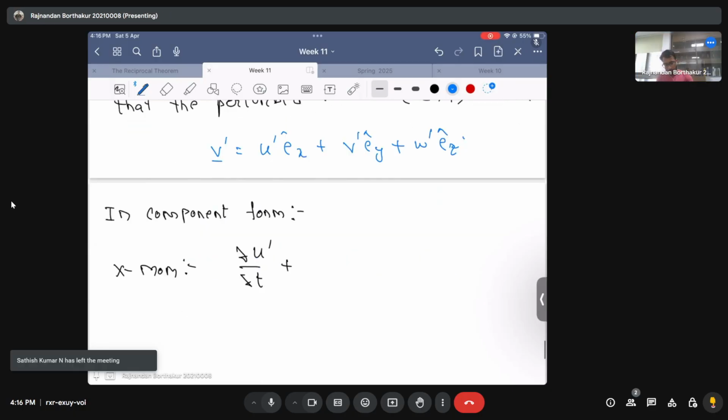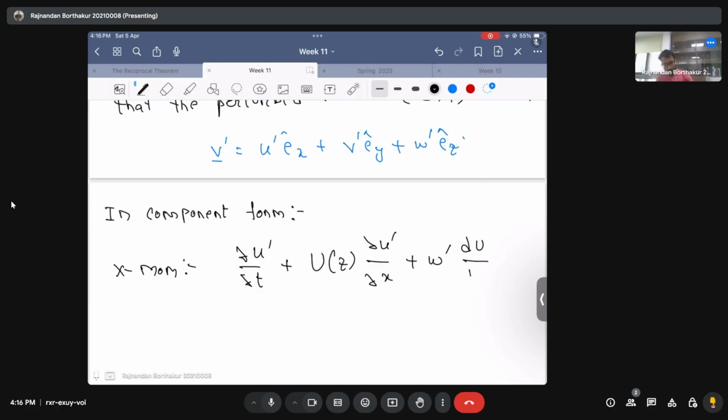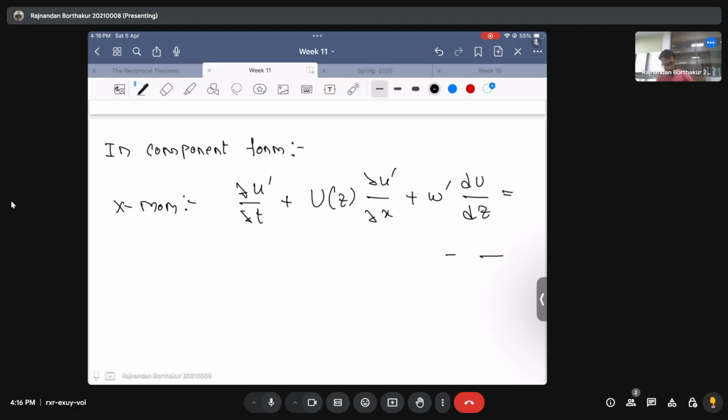So this is del u prime by del t plus u, which is your base variable, a function of z, times del u prime by del x plus w prime du by dz, and this is equal to minus del p prime by del x. This is your x momentum.